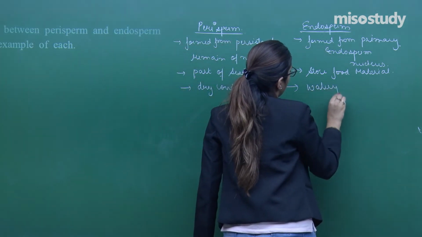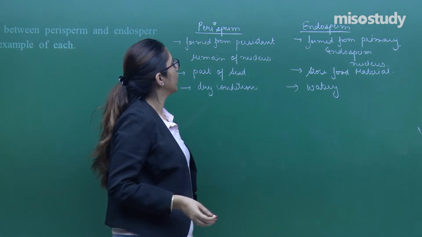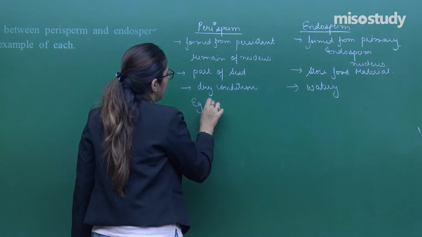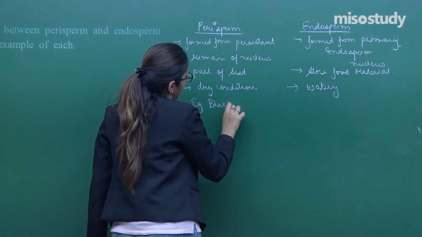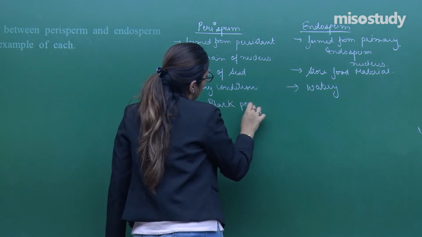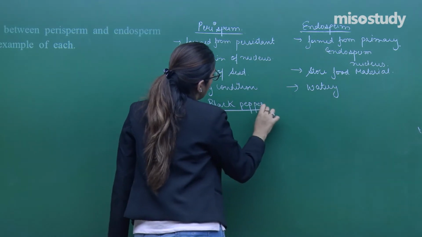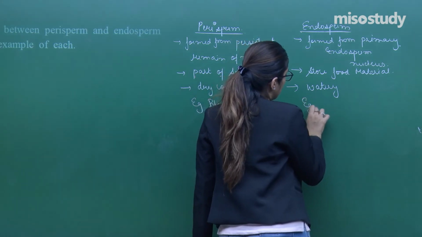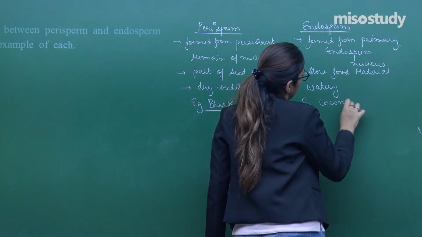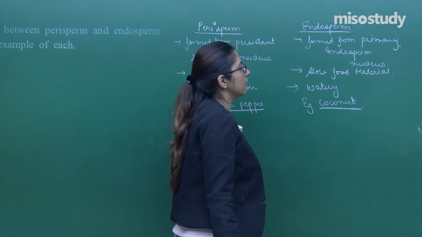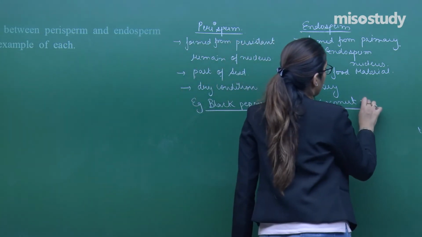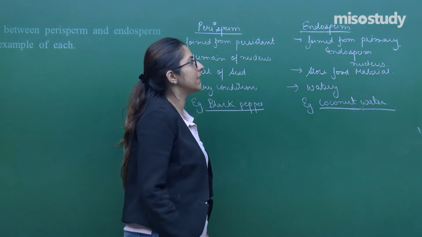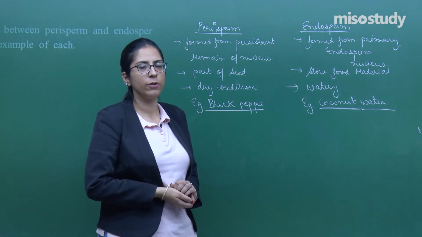In the case of perisperm, we have an example like black pepper. For endosperm, you can take the example of coconut water.